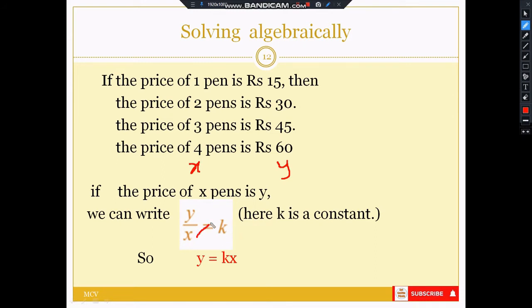If we use cross multiplication, x goes to the other side, then y equal kx. When solving these problems, we have to use this y equal kx as an equation. Take y and x as two quantities and k as the constant.